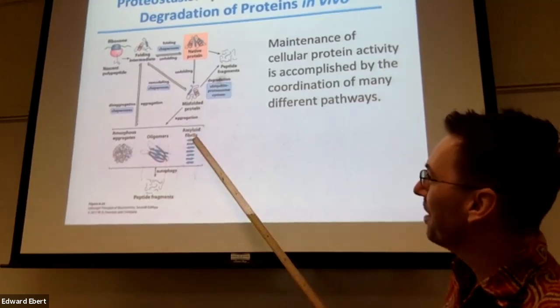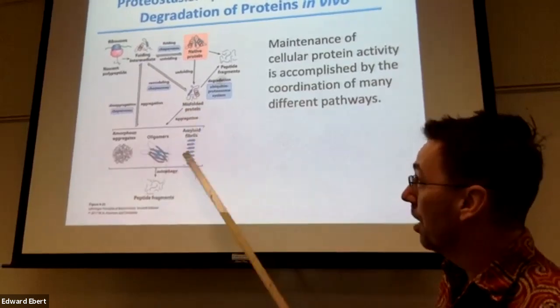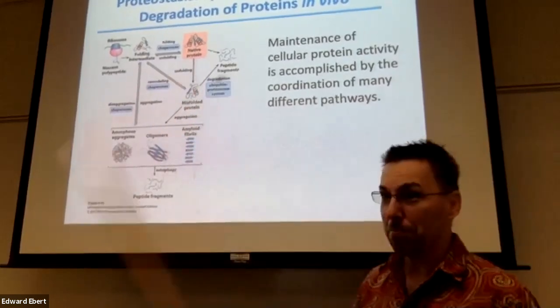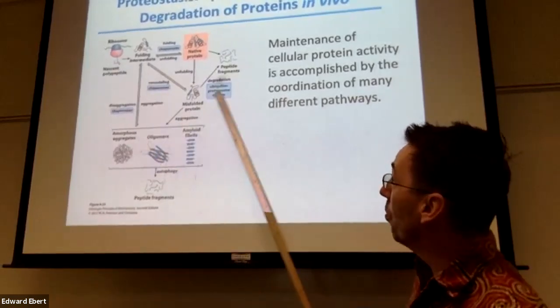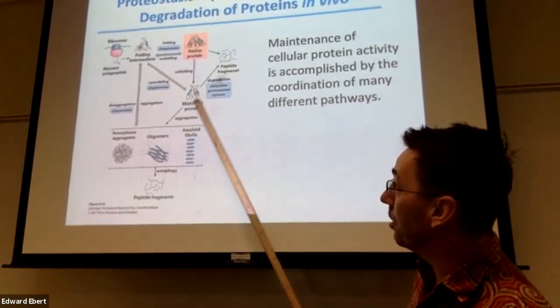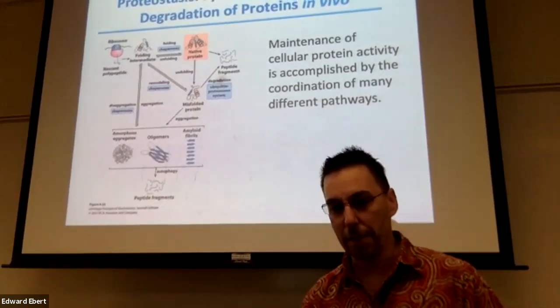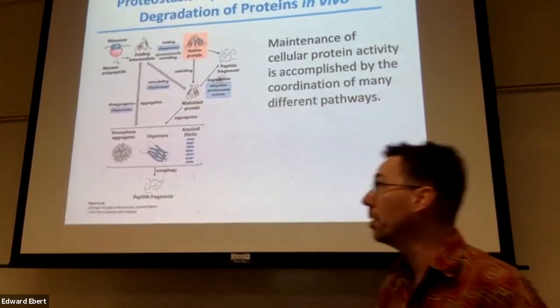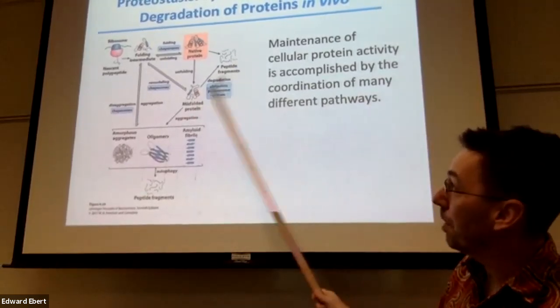No, okay. But these plaques are all from misfolded proteins. There are some misfoldings that can be accounted for and corrected. What you might see is misfolded proteins get ubiquitinated, and then they'll go to a proteasome that will cleave them into small fragments, and maybe we can try again.